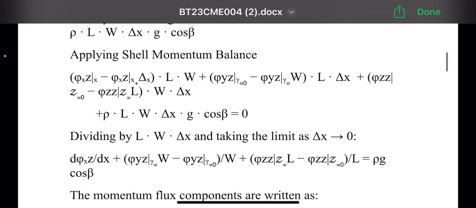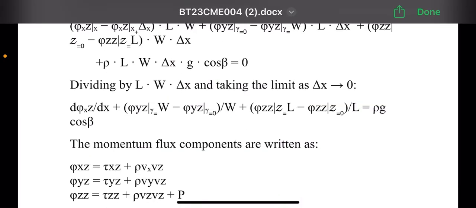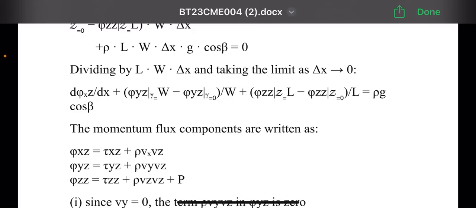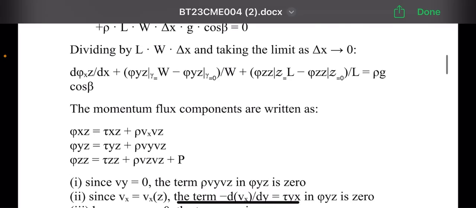Then we have this equation: d phi xz by dx plus phi yz at y equal to 0 minus phi yz at y equal to W, divided by W, plus phi xz at z equal to L minus phi zz at z equal to 0, divided by L, is equal to rho g cos beta. The momentum flux components are written as phi xz is equal to tau xz plus rho vx vz. Similarly, we have phi yz and phi zz.